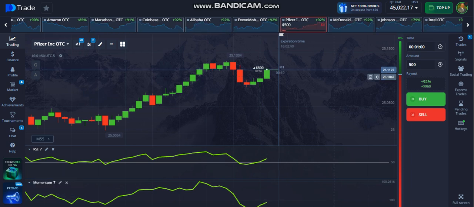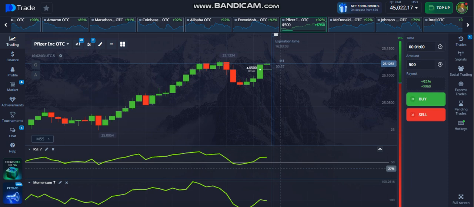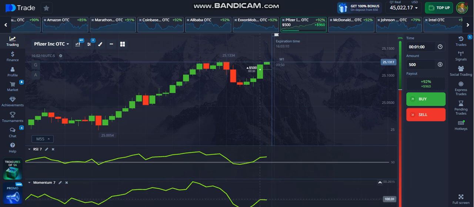Okay, so I'm on Pfizer and I just took a buy trade. And the reason why I took the buy trade here, similarly to previous trades, is I waited for the crossover of the RSI line to above the 50 line here. In addition to that, the momentum indicator is giving us a positive slope here in the upward direction.